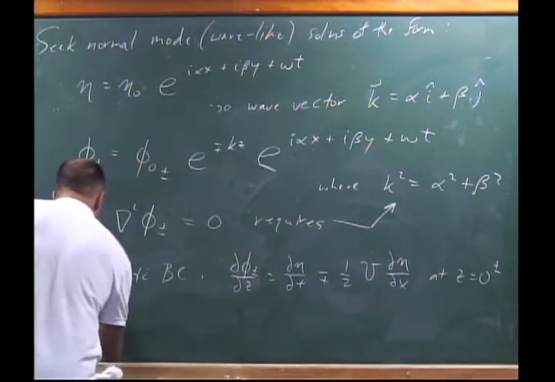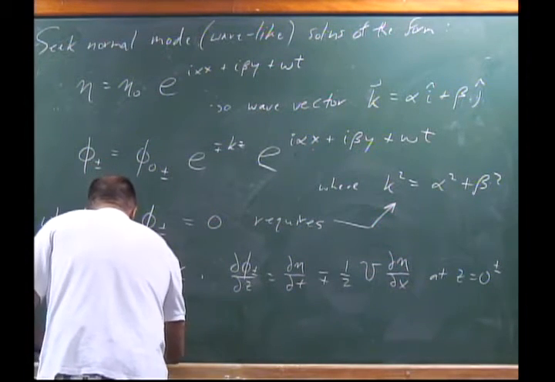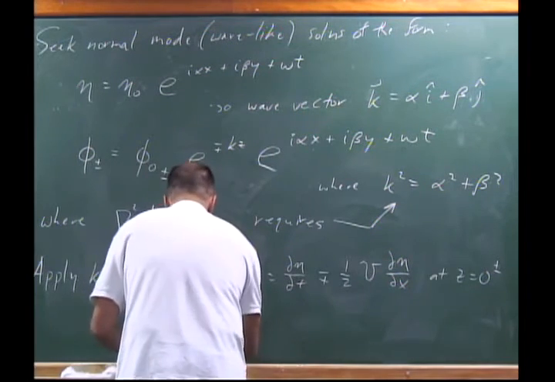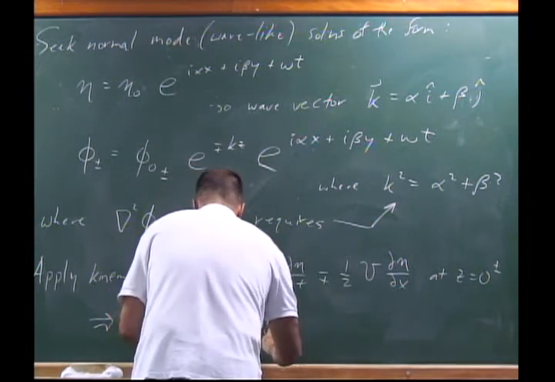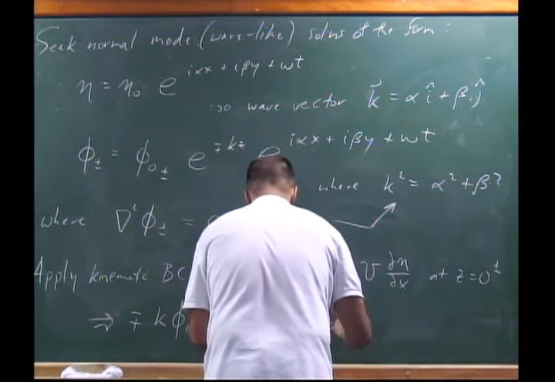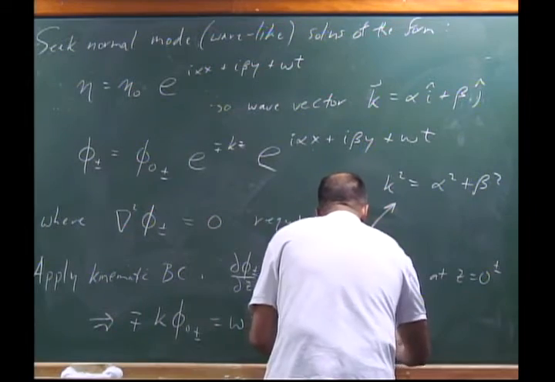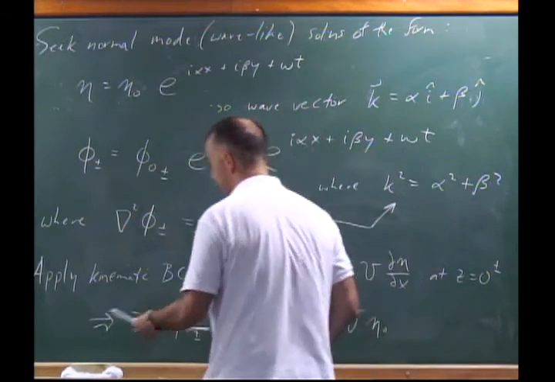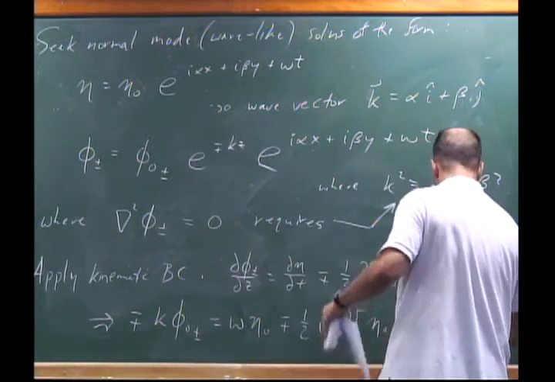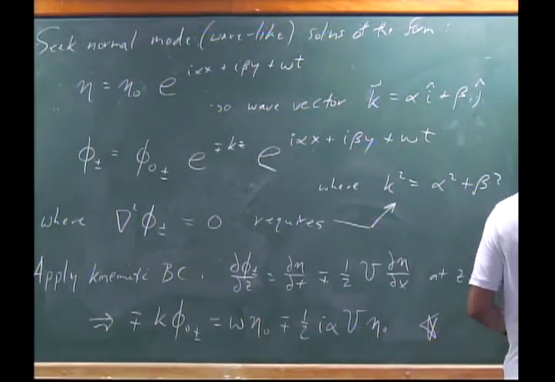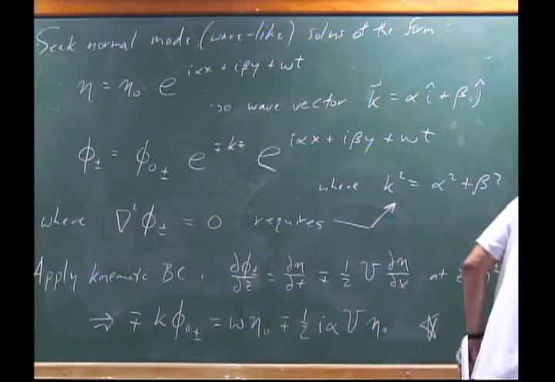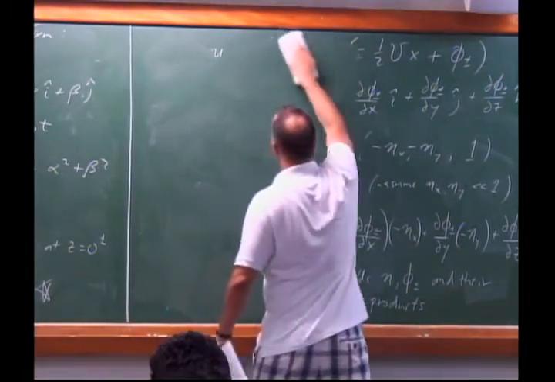And this gives us minus plus k. Okay, and then we're going to sum it to the normal. We're almost there. Our goal is the dispersion relation.